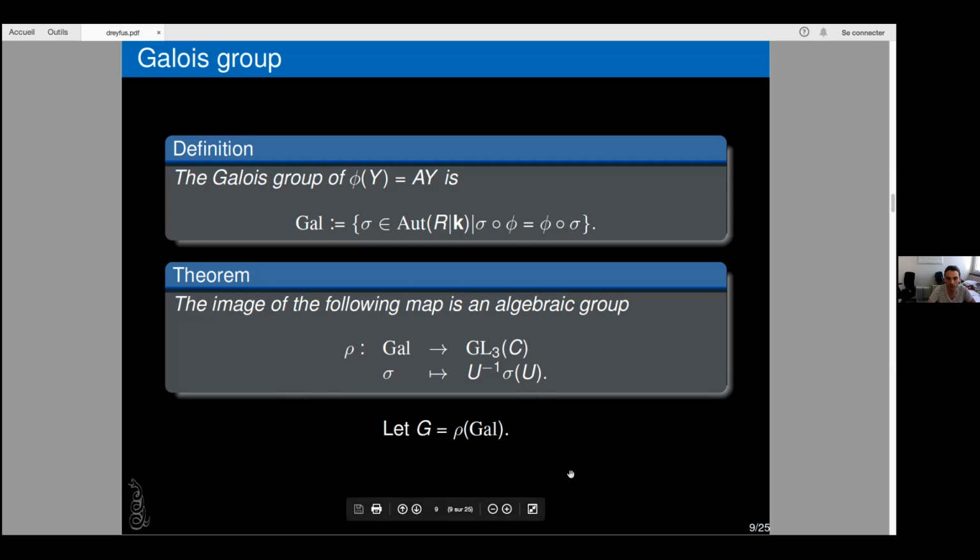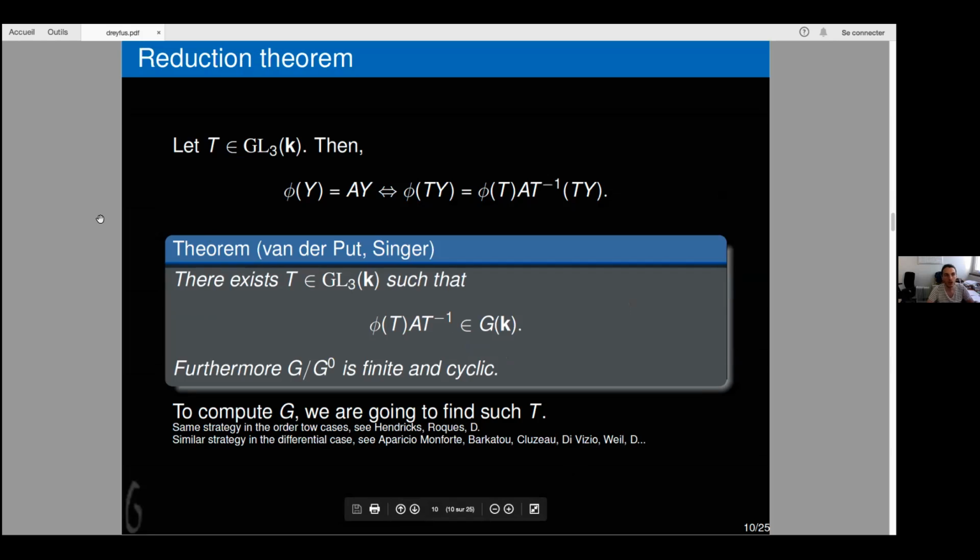algebraic group of GL3. Okay, so now let me explain why I need two more assumptions on my ground field, meaning that K is a C1 field and, more importantly, that you have no proper difference field extension. So it's a reduction theorem.